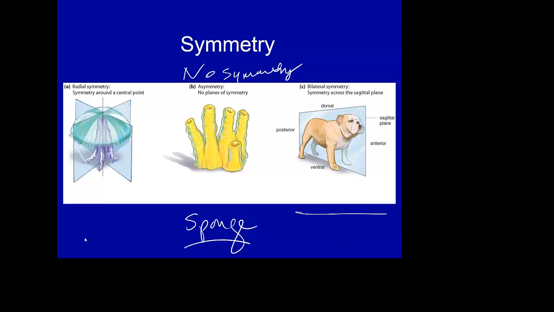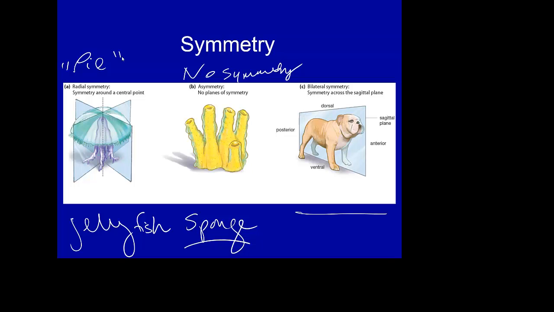Now, when we look at our jellyfish over here on the far left, we can look at this idea of what we call radial symmetry. I also refer to this as pie symmetry, meaning that I can cut this many different ways and I would still get half, half, half. These halves would be identical no matter how I cut this, right?